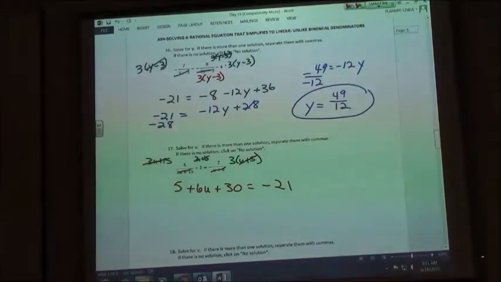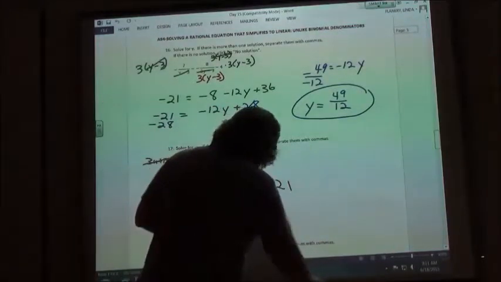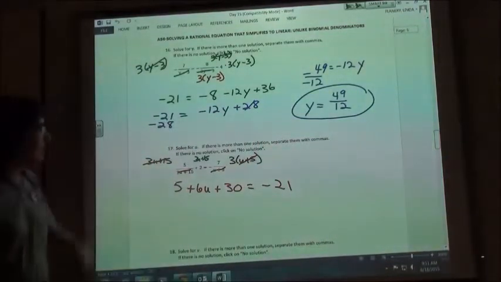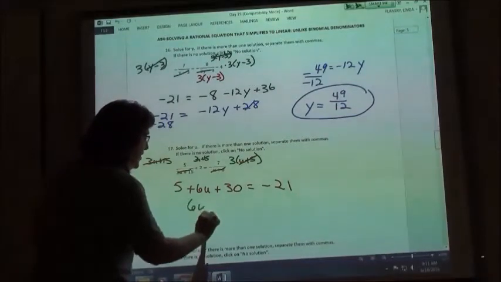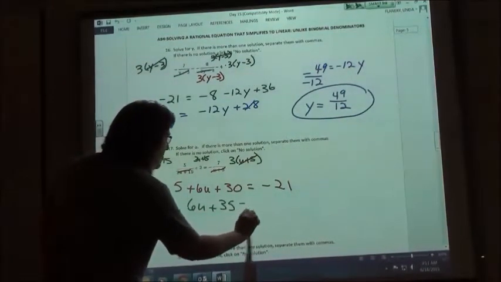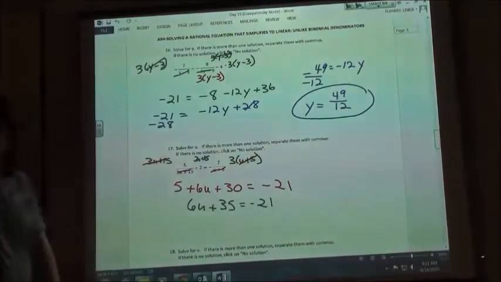So she took the 2 times the 3 and had 6 times u plus 5, and then took the 6 times the u plus 5 and got 6u plus 30. Combining my like terms then, 6u plus 35 equals negative 21.